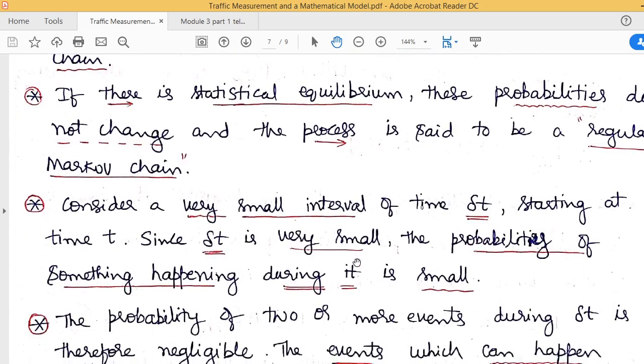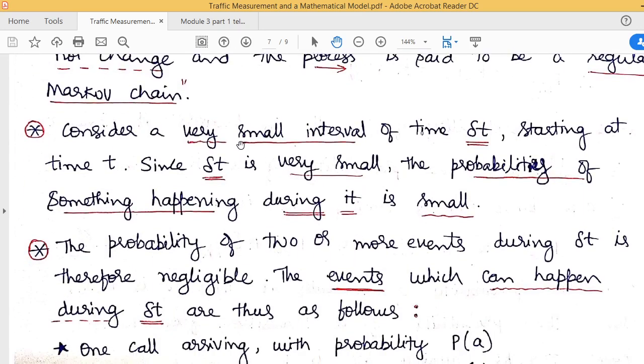So now let us consider a very small duration of time delta t starting at time t. Since delta t is very small, the probability of something happening during this time delta t is very small.